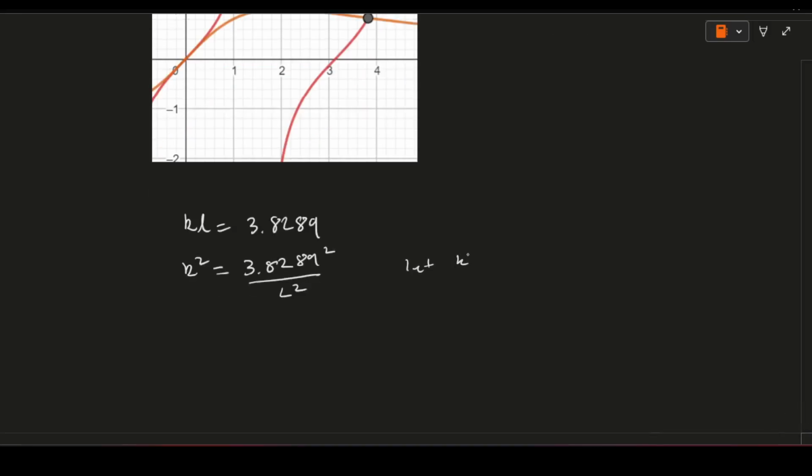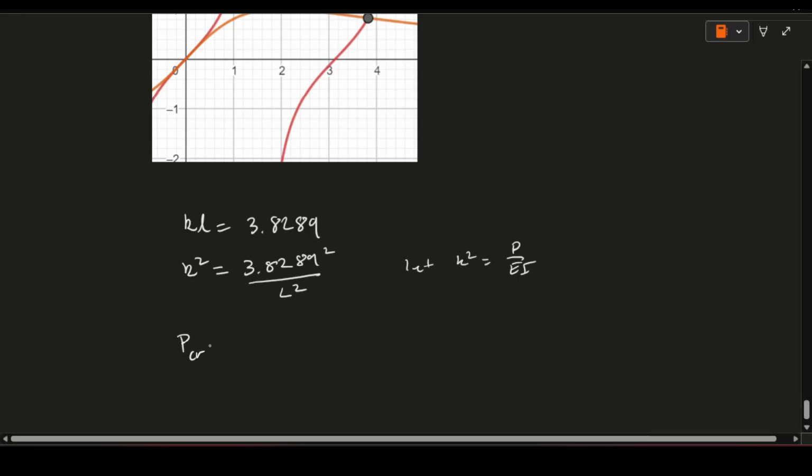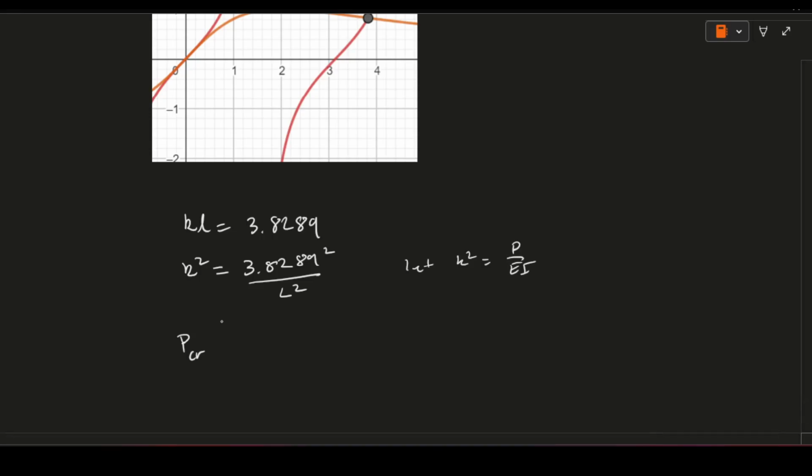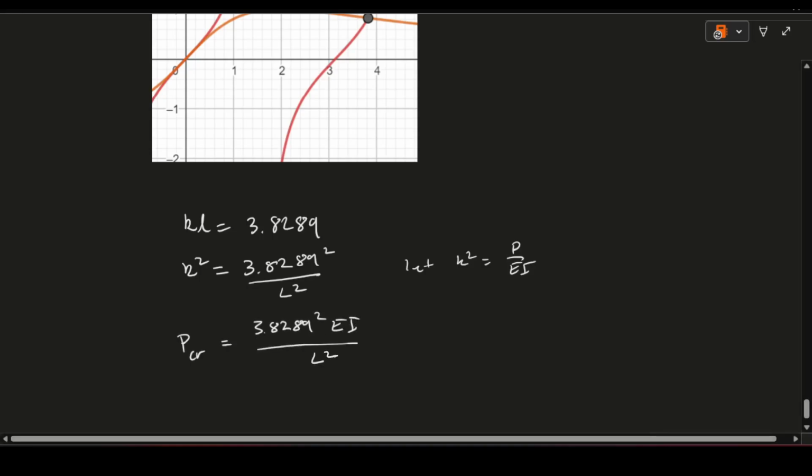And we let K squared equal to P over EI and solve for P. The critical load P is then equal to 3.8289 squared EI over L squared.